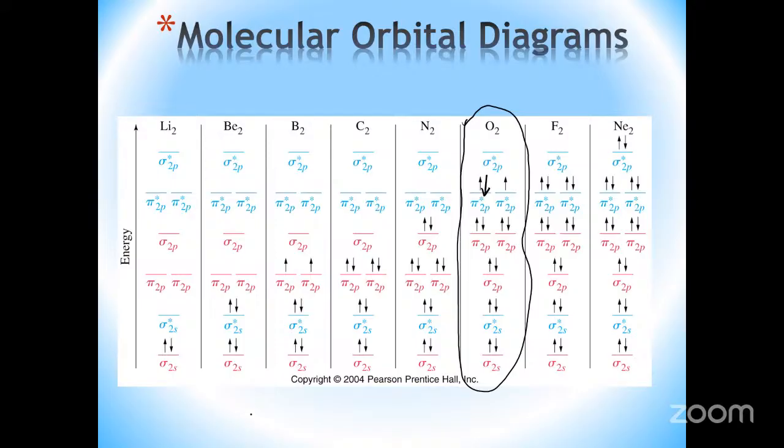So what do you think the bond order is? How would you calculate the bond order in this case? Anybody? Well, let me ask you this first. What's the total number of bonding electrons?